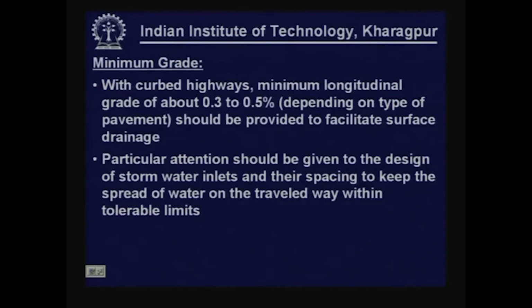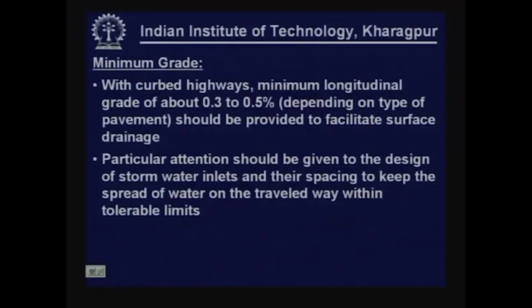Now, why this minimum grade provision and why is it for curbed highways? For curbed highways, the water cannot go directly to the shoulders, because the roadside curbs are there.